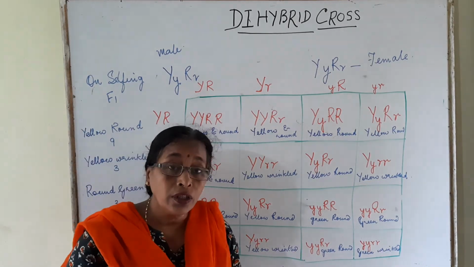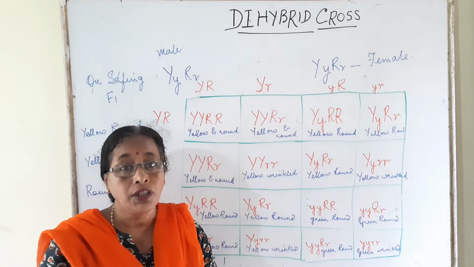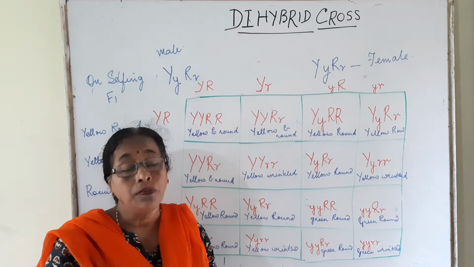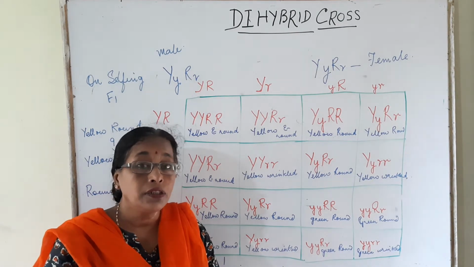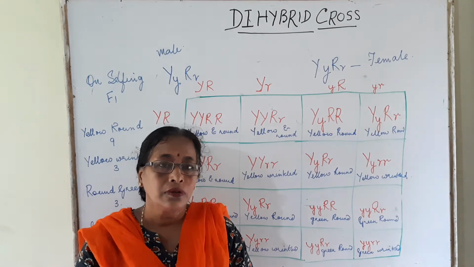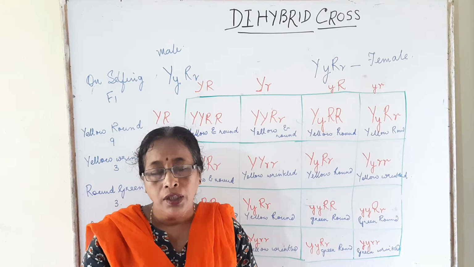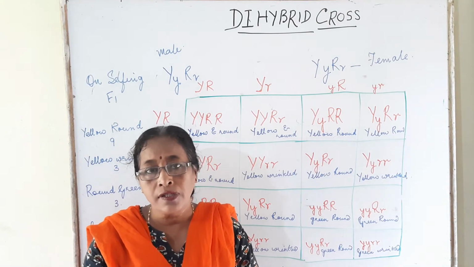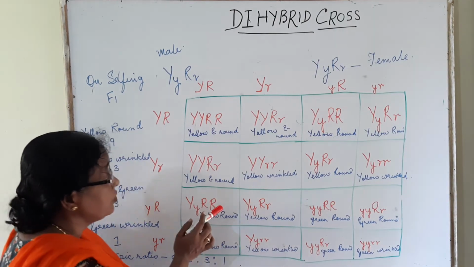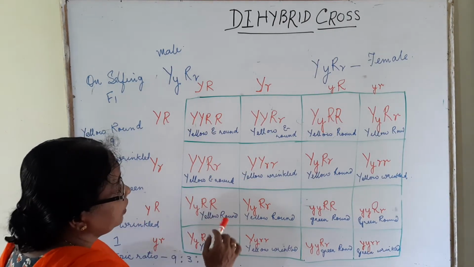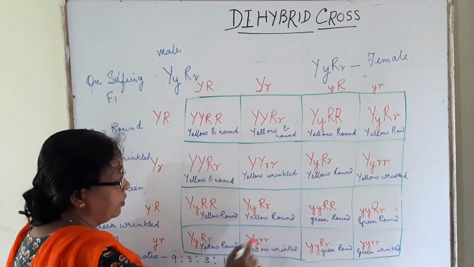Now let us know what a Punnett square is. A Punnett square is a graphical representation to calculate the probabilities of the possible genotypes that show the progenies in a cross. It was developed by Reginald C. Punnett. So all the crosses in the F2 generation have to be shown in a Punnett square. So 16 squares we have to draw.